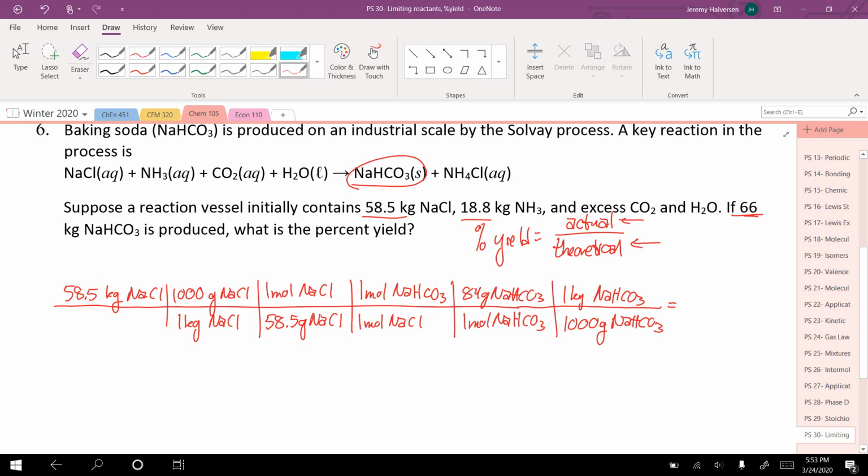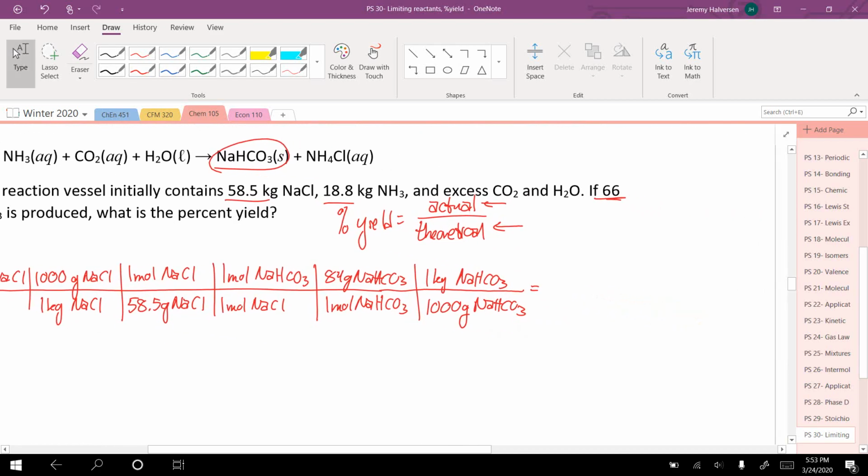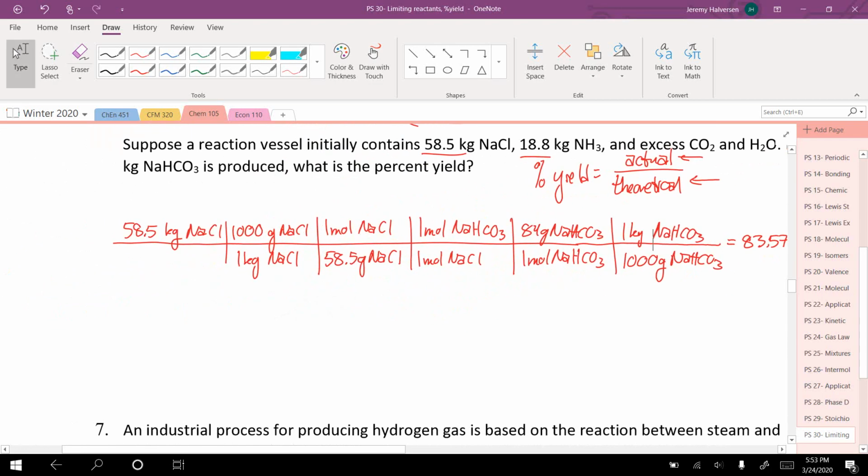And that tells me that for my NaCl, I can make 83.57 kilograms of NaHCO3. But I don't know if I'm going to make that much, because I don't know if NaCl is going to run out before or after the NH3. So I've got to do the same thing with NH3.